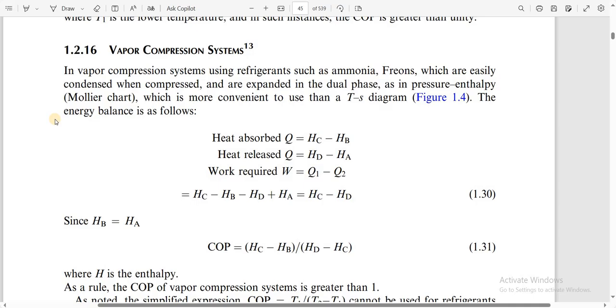The energy balance is as follows: heat absorbed Q1 equal to Hc minus Hv, heat released Q2 equal to Hd minus Ha, work required W equal to Q2 minus Q1, equal to Hd minus Ha. Since Hv and Ha are equal, COP equal to Hc minus Hv divided by Hd minus Ha.